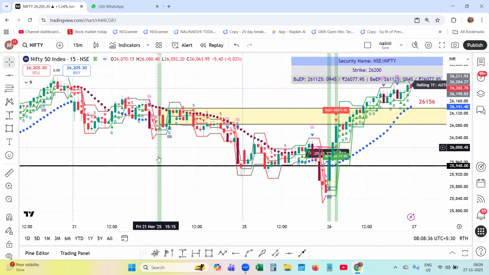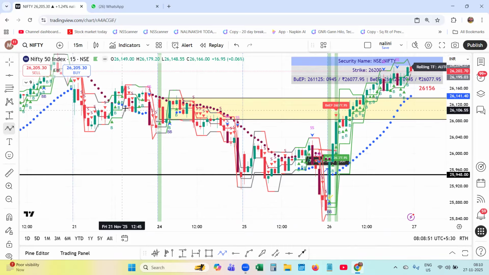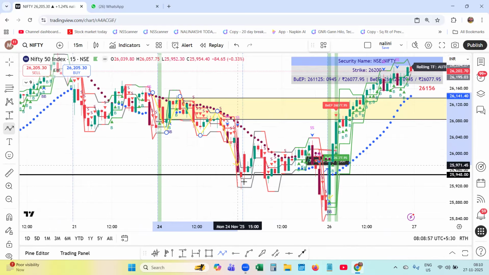See, from this level, sellers have defended, and the market showed a leg to the left and started moving down. So a structure was formed, a lower high.